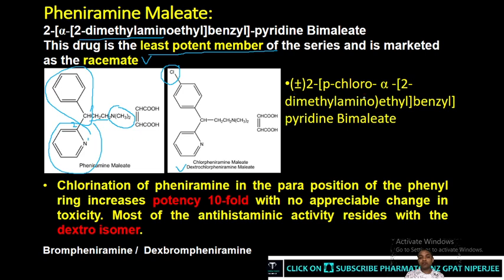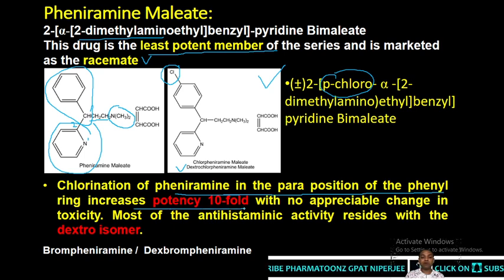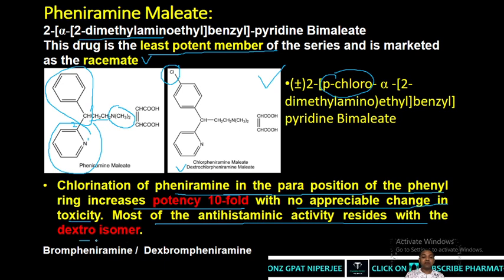And this is the IUPAC nomenclature of chlorpheniramine. There is a change only at the para-chloro position. Chlorination of pheniramine at the para position of the phenyl ring increases the potency tenfold with no appreciable change in toxicity, and most of the antihistaminic activity resides with the dextroisomer.